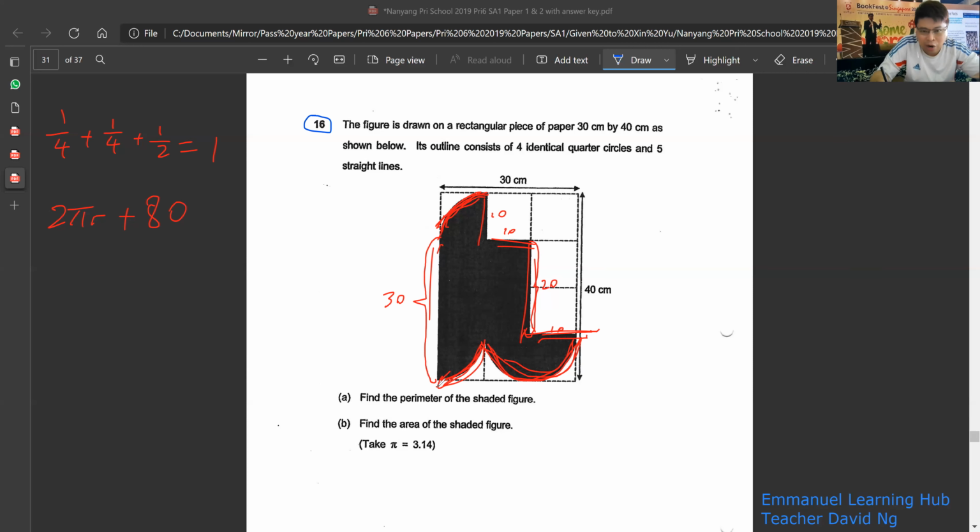This is 30, right? 30, 40, 60, 70, 80. Yeah. The rest are the curvy part already. So your R is 10. R is 10. 10 times 2 is 20. Agree? Yes. What's your pi? 3.14.